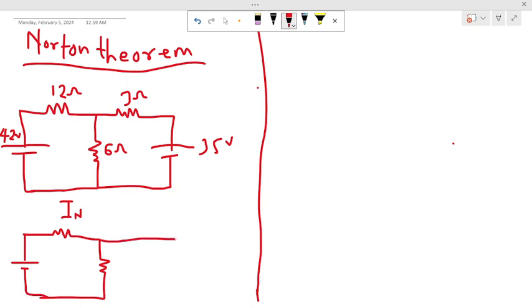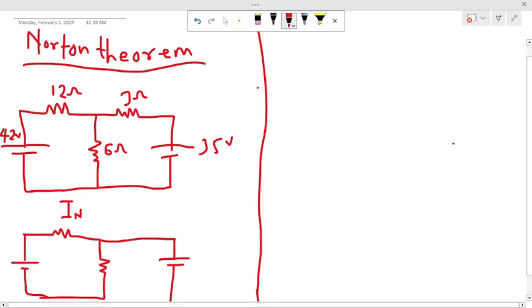Now I removed this 3 ohm resistor and replaced it by just a short circuit, because I will replace the 3 ohm by the Norton's current, so this place will be the Norton's current. That's what we are about to find. Then 35 volts, then 6 ohm, 12 ohm.